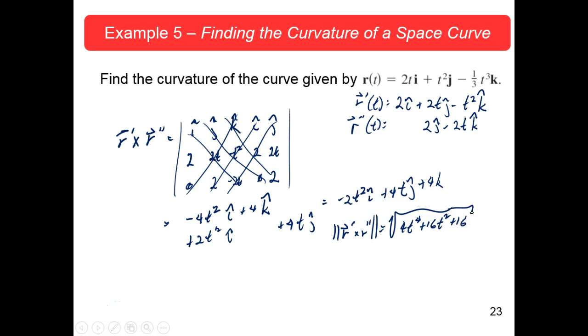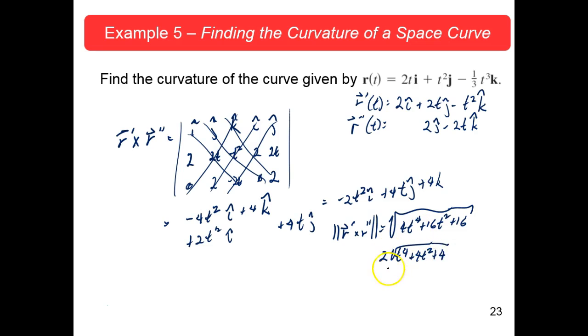We can factor out a 4, which gives you 2 times the square root of t to the 4th plus 4t squared plus 4.